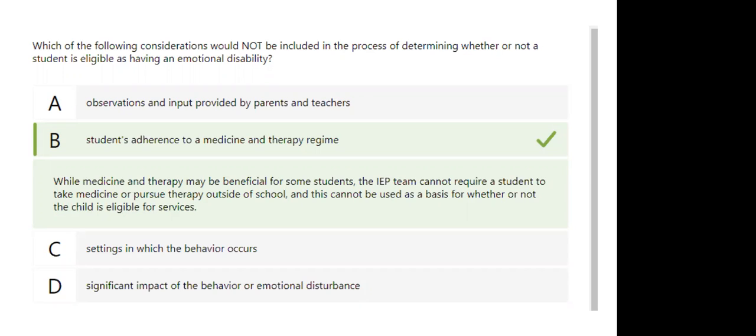There are 3 choices there. And the one that's not is going to be B, your answer: students' adherence to a medicine and therapy regimen. Very realistic situation also.